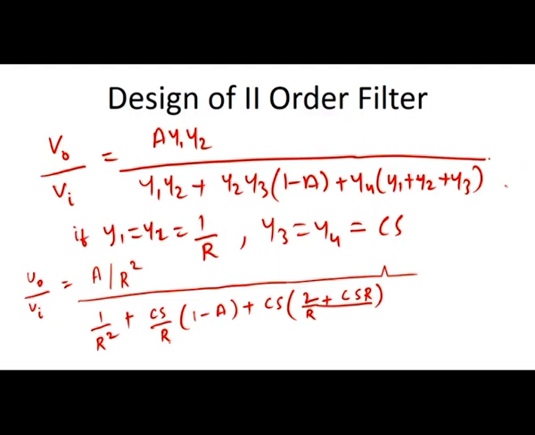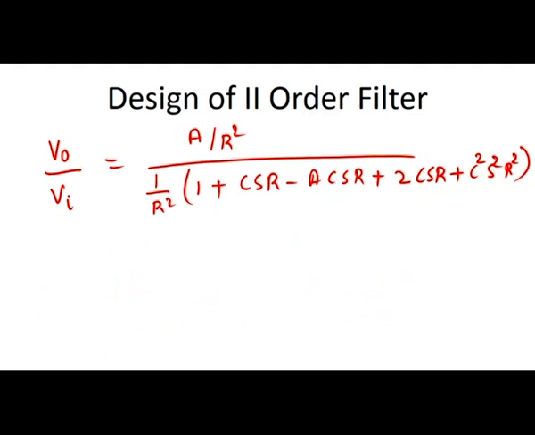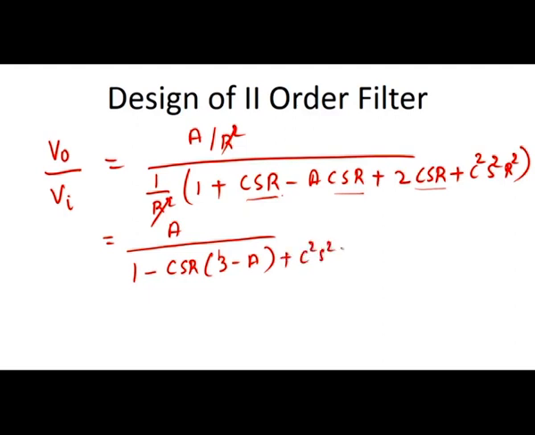Now R square and R square will get cancelled and simply the equation is A by 1 plus sCR, sCR, again sCR. There are 3 terms, so you can take the sCR out. So you have 3 minus A plus C square s square R square.